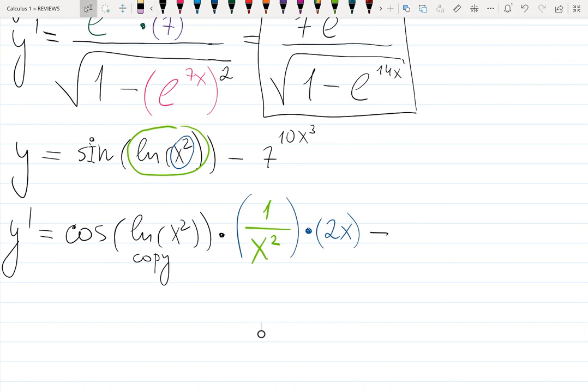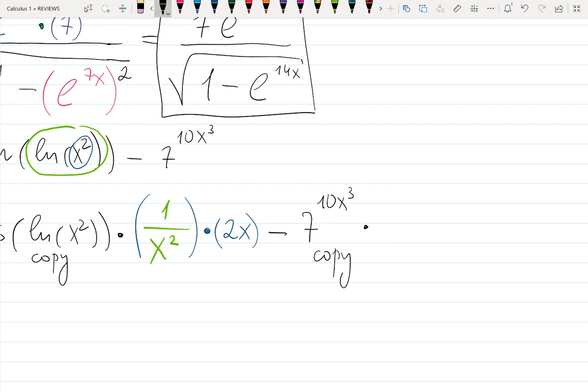Minus. The next part, okay, I see exponential function, 7 to the 10x cubed. Exponential function copies itself, 7 to the 10x cubed. Then I notice that the base is not e, so I will do times the natural log of 7. And that's just the exponential part. Times, chain rule steps in, that's my chain rule.